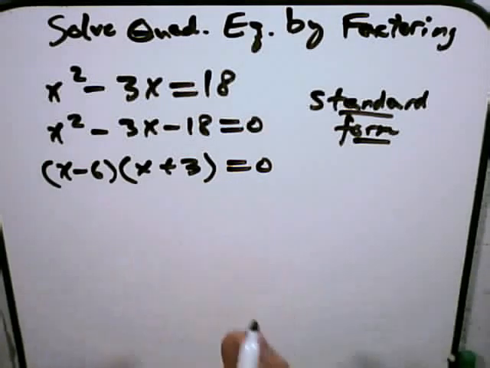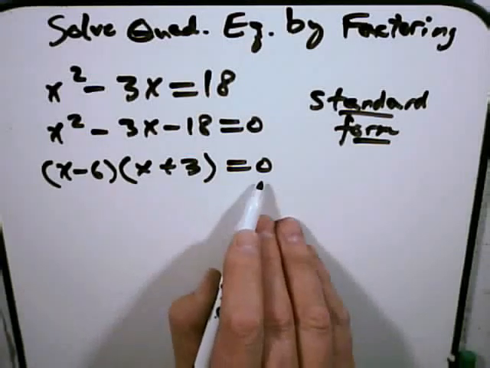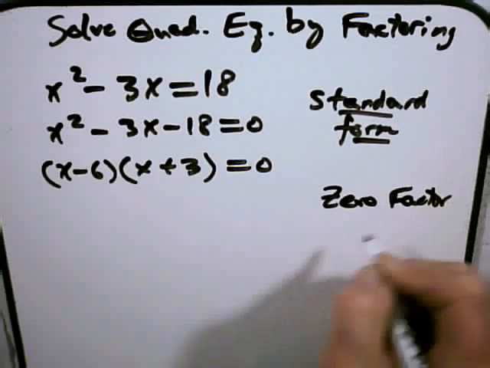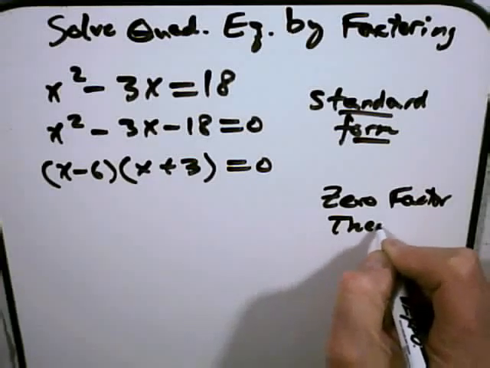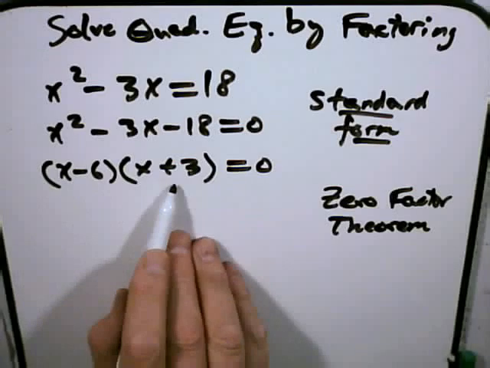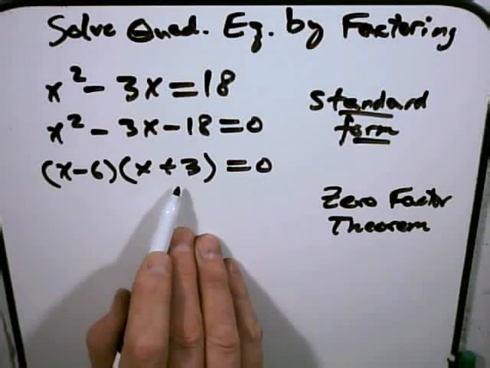Now what we do with this is we realize that if we have two things that are multiplied together to get 0, we're going to use a thing called the zero factor theorem. And that tells us that if we've got two things multiplied together to get 0, one of them or both of them have to be equal to 0.